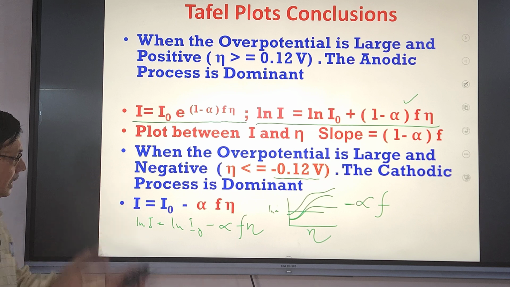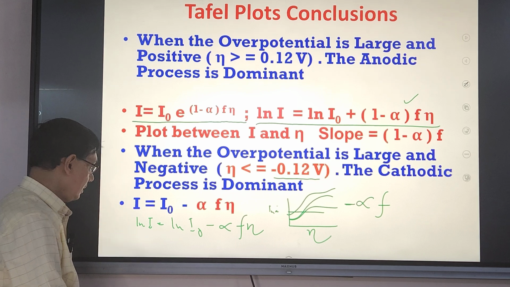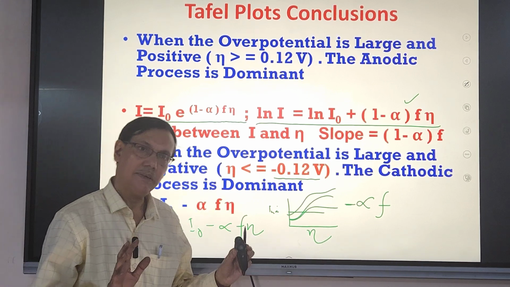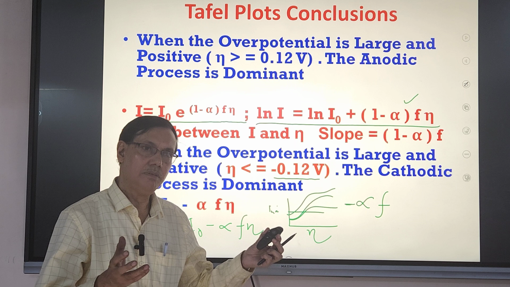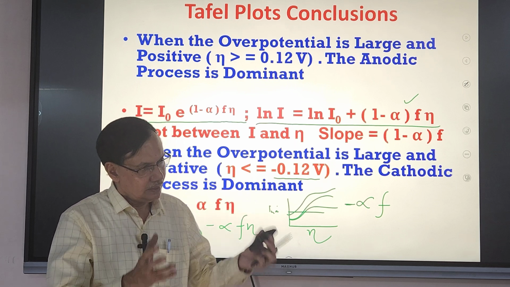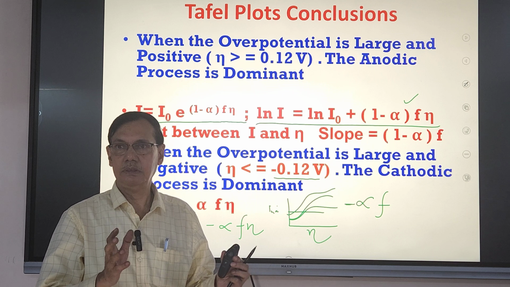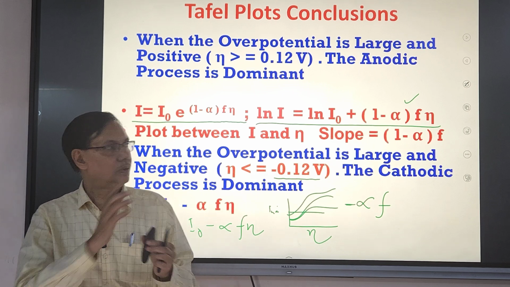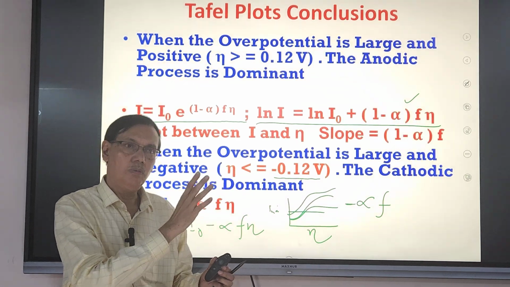So let me summarize. First thing is, don't confuse it with the Butler-Volmer equation, where I am giving much time to tell you about the overpotential and exchange current density. If you understand the Butler-Volmer equation, this is one part of it.